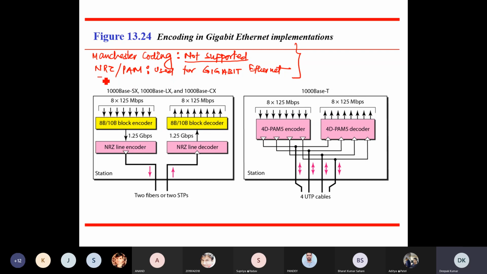Another coding technique utilized by this implementation is pulse amplitude modulation, that can be supported by this channel.